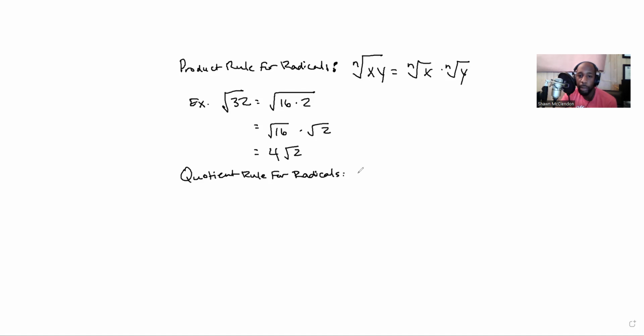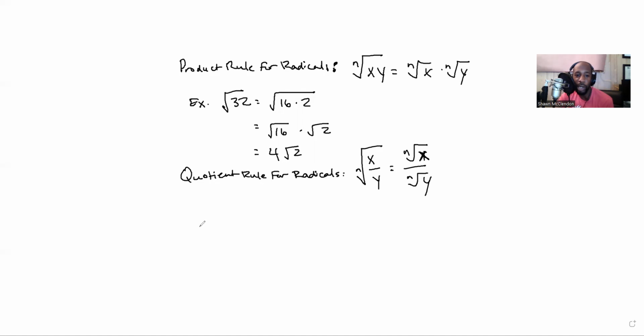Which basically says if you have the nth root of a quotient, which is the answer to a division problem, that is equal to the nth root of x divided by the nth root of y. Okay, so let's illustrate that.